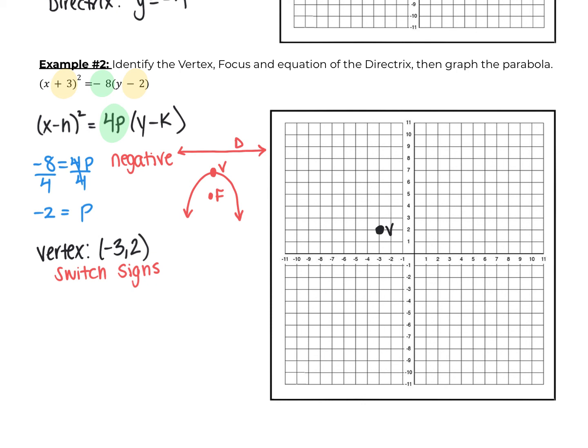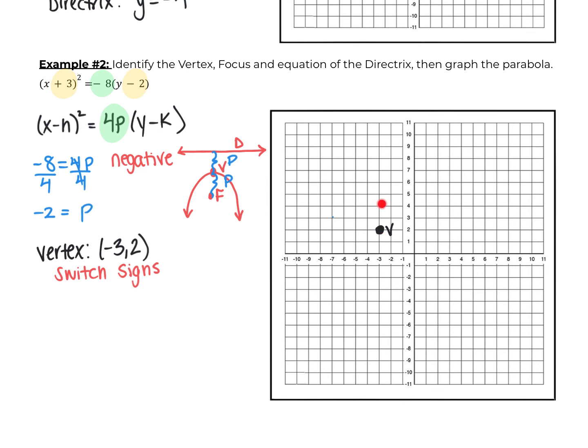Now, since my p-value is negative, we need to draw the situation this way. So we know that the distance from the vertex to the directrix is p, and the distance from the vertex to the focus is also p. So since p is -2, you can disregard the negative. The negative really just told us that we were going down.